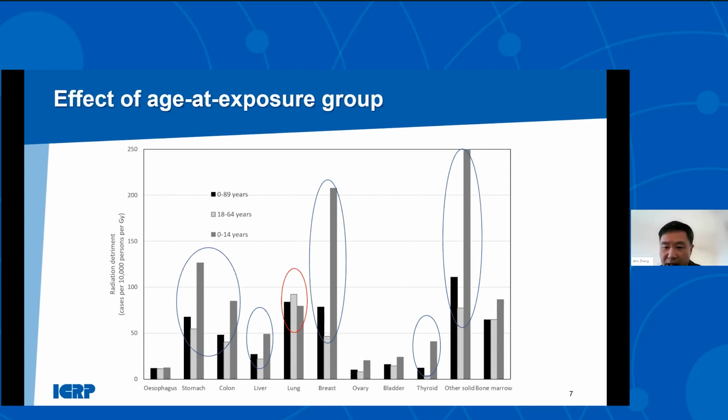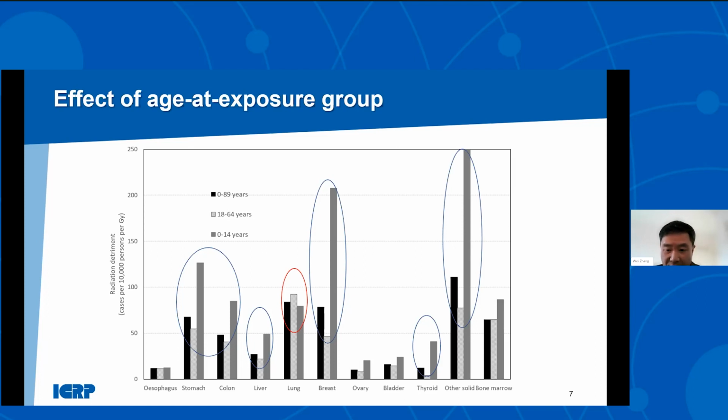This graph shows the effect of age at exposure group. It compares the detriment between 3 groups of age at exposure, 0 to 14 years, 18 to 64 years, and 0 to 89 years, which represent the young age group, the working population, and the whole population respectively. Compared to the standard detriment averaged over 0 to 89 years, the detriment for the working age population shows lower values for most cancers, but a higher value for lung cancer, indicated in the red elliptical circles.